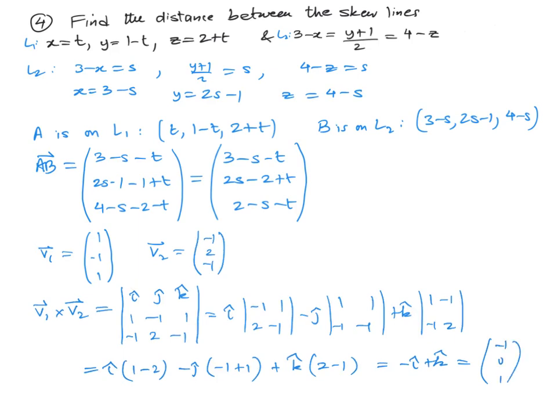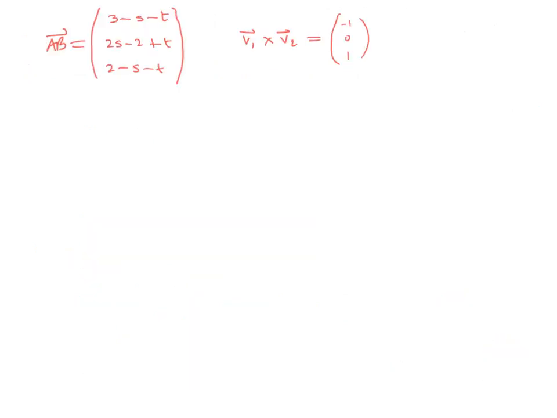So what we want now is for this vector here, AB, to be parallel to this vector here, which was the cross product. So I'm going to copy this vector and this vector onto the next slide in order to keep going. So again, I copied these two relevant vectors, the vector AB and the vector V1 cross V2. And remember, what I want is for them to be parallel.